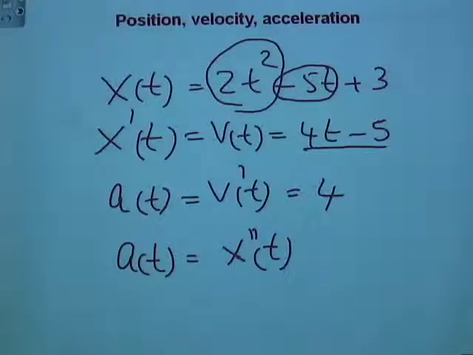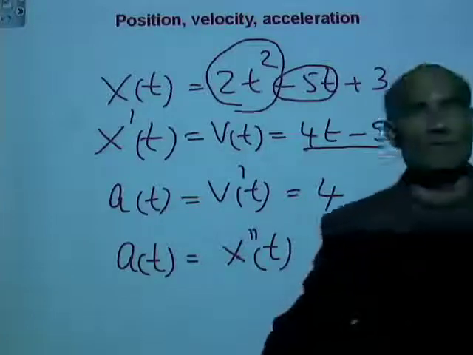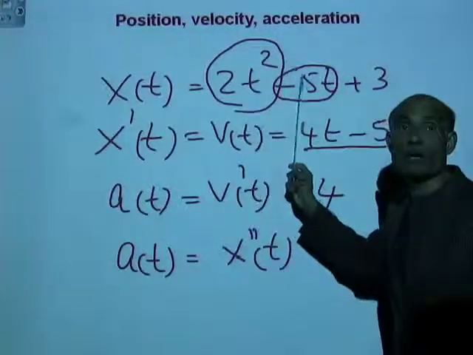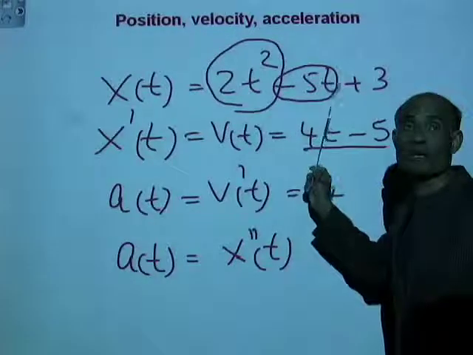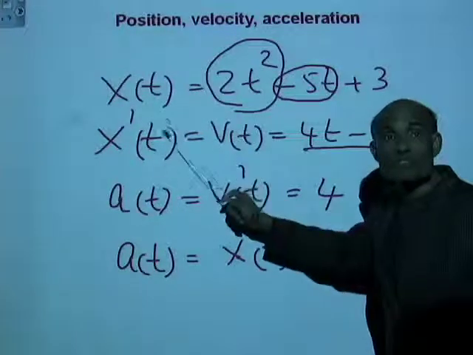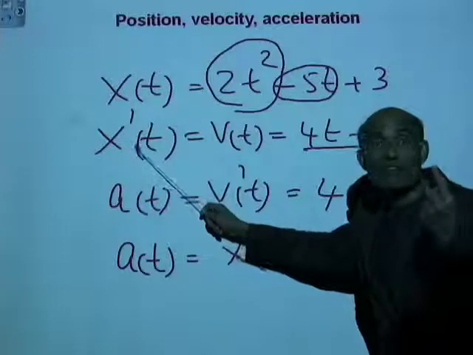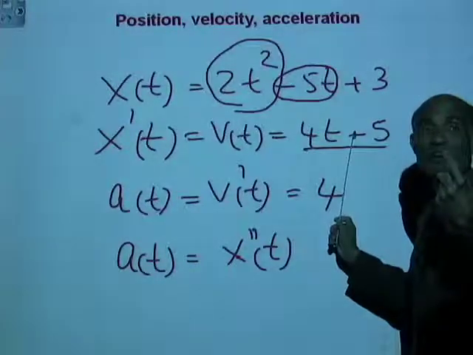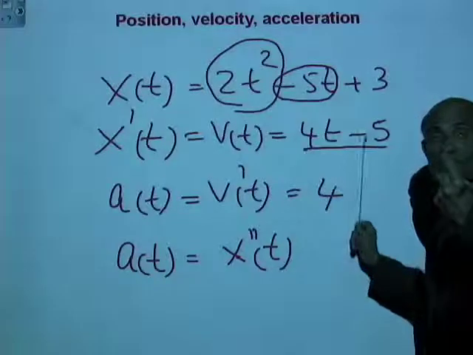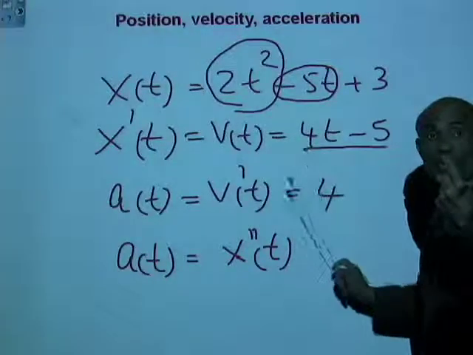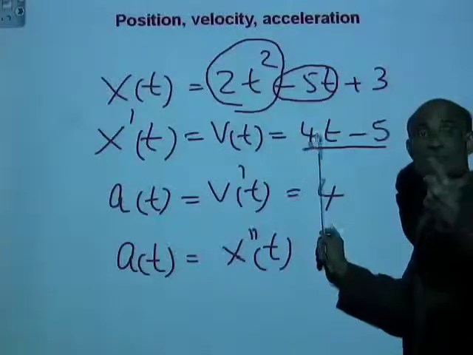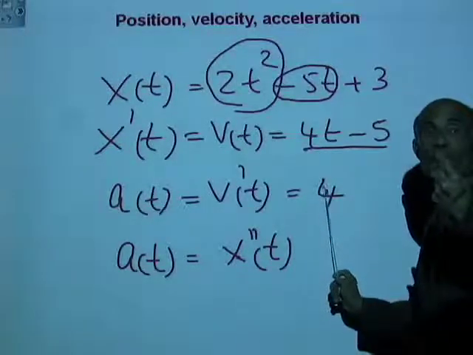What is the meaning of the second derivative? This is the position function, 2t squared minus 5t plus 3. You find the first derivative, and that is 4t minus 5. If you find the derivative of that again, it is called the second derivative of x. And the second derivative of x is 4.